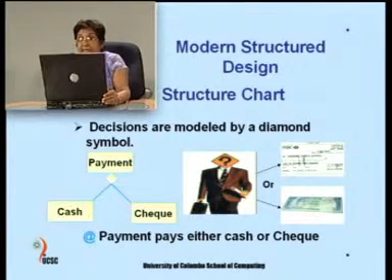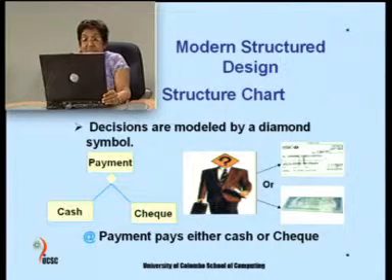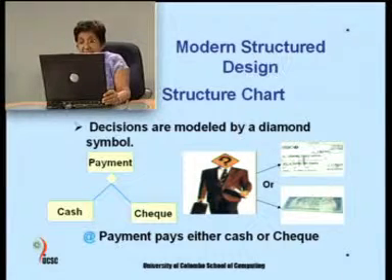It will be made either by cash or by check. So, how do we show this in a structure chart? You can see this diamond shape below the box called payment, that indicates the payment will be made either by cash or check. So, the decisions or conditions are shown by a diamond.